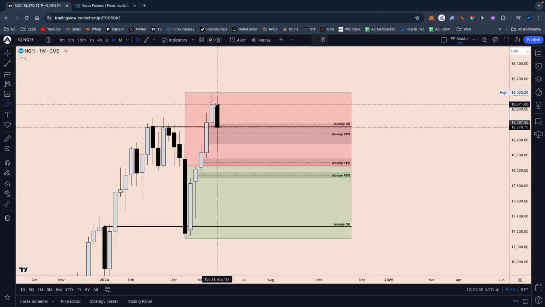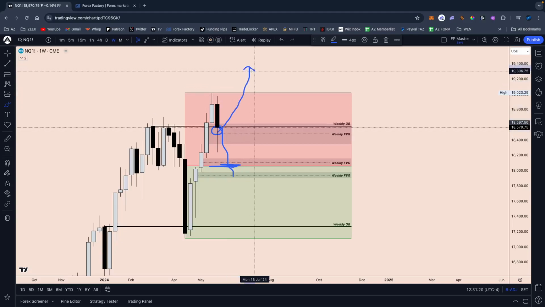I would DCA, dollar cost average, into the long position. We have our 50% level. Let's say I have, for example, $10,000 to place on this trade. I would start adding the first $2,500 on our highest weekly fair value gap, so that just in case we go higher from here, I'm already filled and have a running position, but I don't fully enter with 100% of my capital.